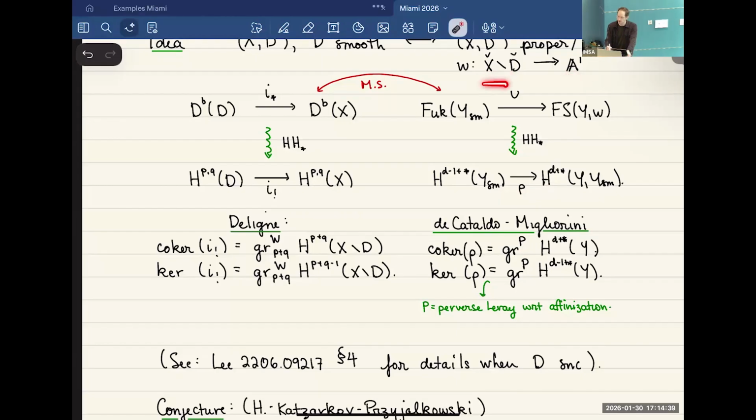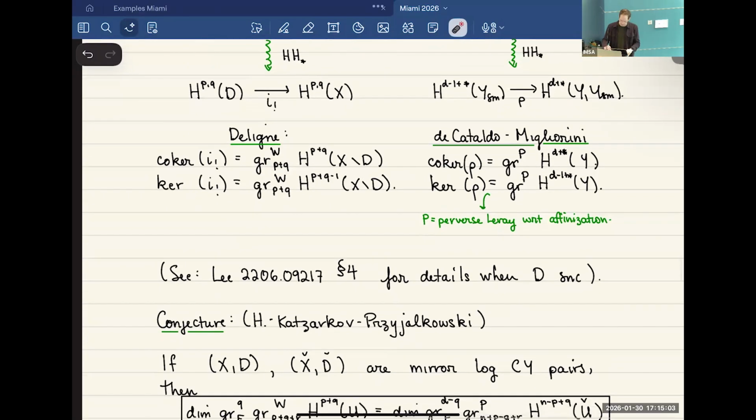This is the affinization map of Y minus D. And the kernel of this map is again another piece of the perverse Leray filtration. This is explained in much more generality in this paper of Sukjoo's, but this is the most basic case where this appears.